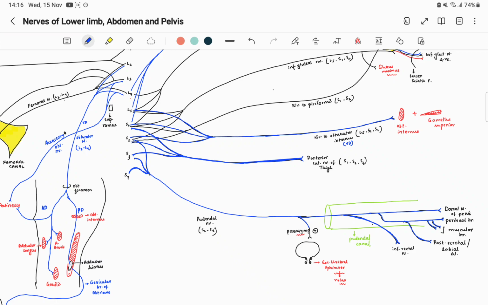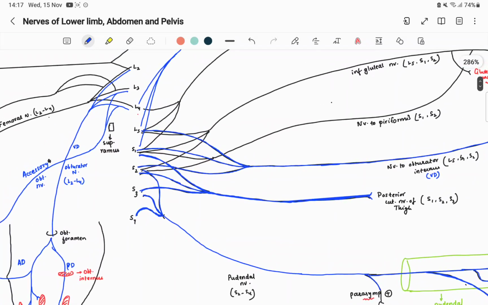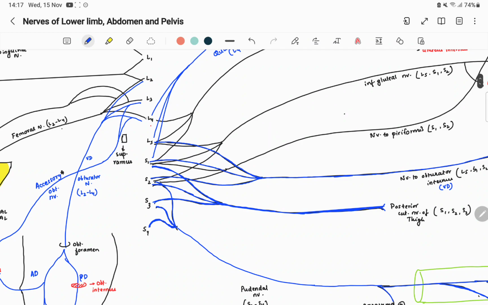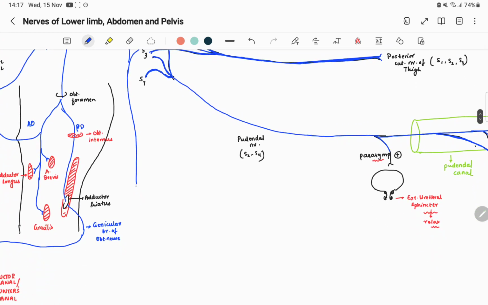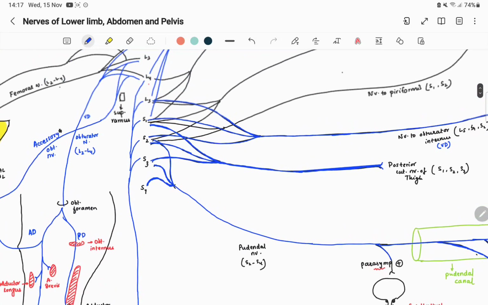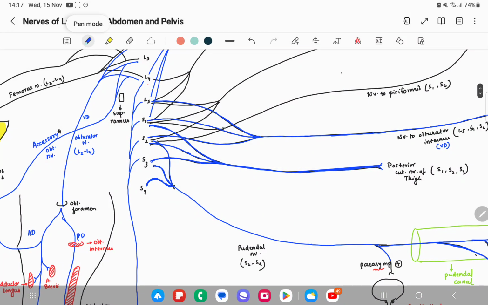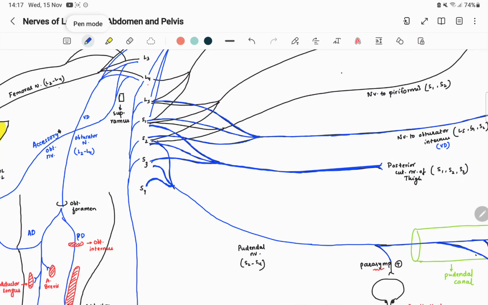The sciatic nerve has two parts: the tibial part and the common peroneal part. The tibial part of the sciatic nerve arises from the ventral division of L4, L5, S1, S2 and S3.